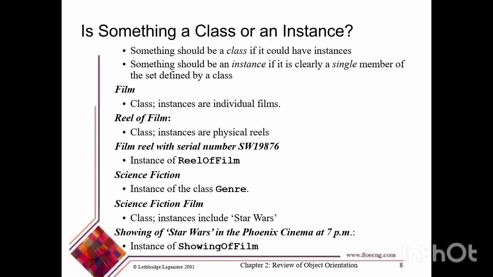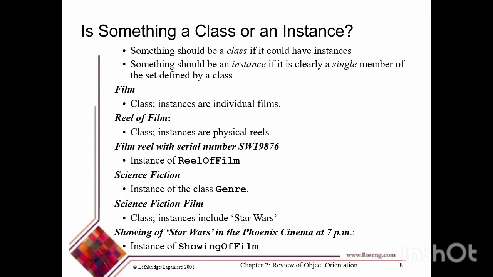Here, film is a class, with instances being individual films. Reel of film is a class, with instances being physical reels. A film reel with a serial number is an instance of reel of film. Science fiction is an instance of the class genre.